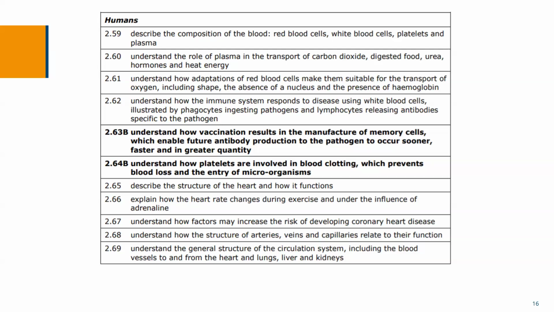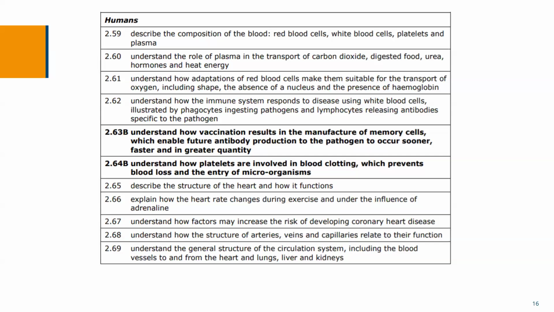If it's modular, because it's H, it will be in the second unit because it's after G of module 2. So you can see there 260, 261, and so on down. When you get to 263B, that's got the letter B on it, and it is in bold. That means double science students don't have to know that. And because the double science students do paper 1, then that topic will only be examined on paper 2.